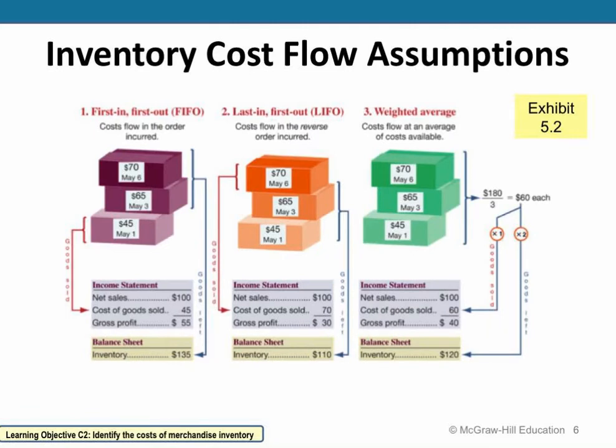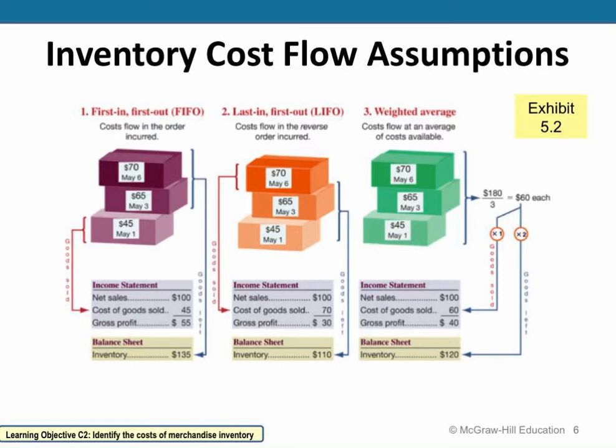Looking at some differences between these costing systems first, if you look at first in, first out, and last in, first out, we're talking about ordering for the way in which we're going to determine costs. So if we had purchased 3 inventory items, one at $45, the next one at $65, and then the third one at $70, we're going to care whether it was the first item or the third item that was sold, for example.